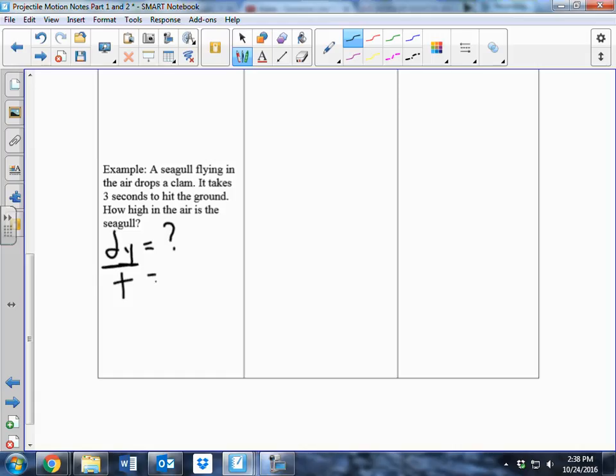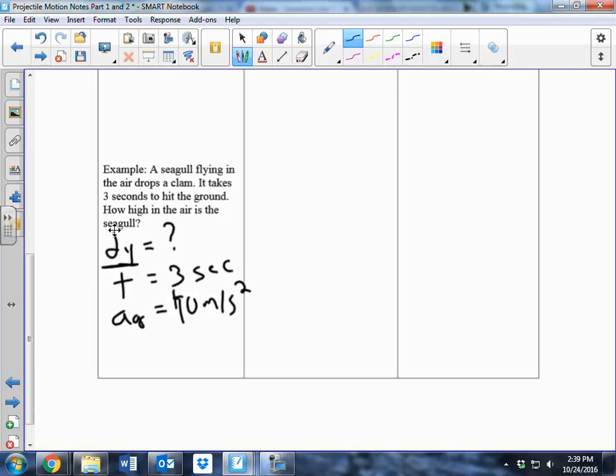We know that the time it takes to drop is 3 seconds, and I am on Earth, so my acceleration due to gravity, rounded up, is 10 meters per second squared. In this case, I'm calling down positive because I don't throw anything up, so I might as well make my calculations easy and say down is positive.